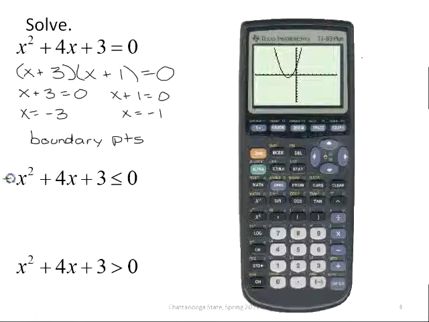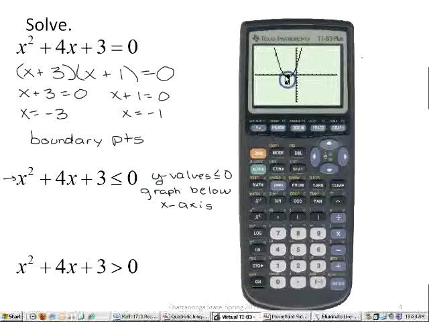To solve this inequality, x squared plus 4x plus 3 less than or equal to 0, I want to know where my function has values that are less than or equal to 0. That means where my y values are less than or equal to 0. Well, that means where my graph is falling below the x-axis.